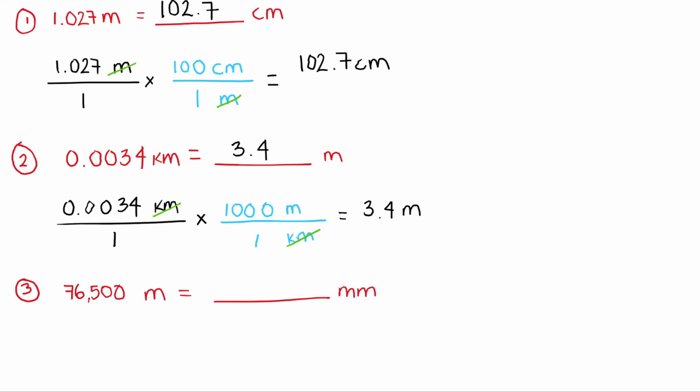So I'm going to write the first one as a fraction. I'm going to times it by a fraction that is actually 1. Oh, I forgot to write my units. And I'm going to put meters on the bottom, in the denominator, and millimeters on the top.